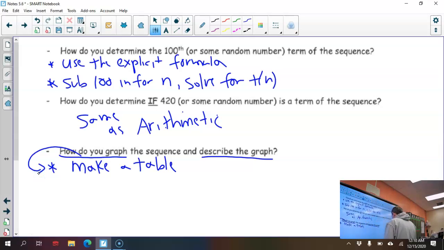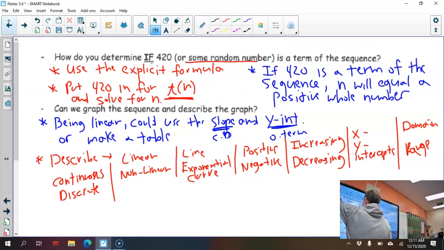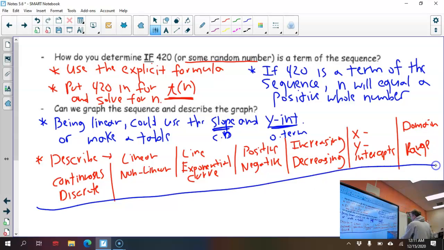To describe the graph, same way as arithmetic, right? Where you want to go through all of these things. All of those things help you describe a graph, whether it's arithmetic or geometric.